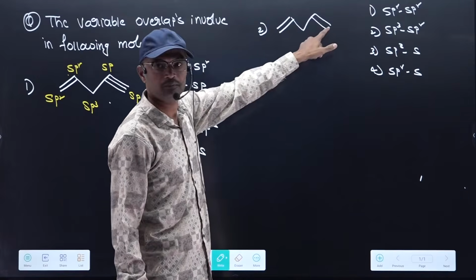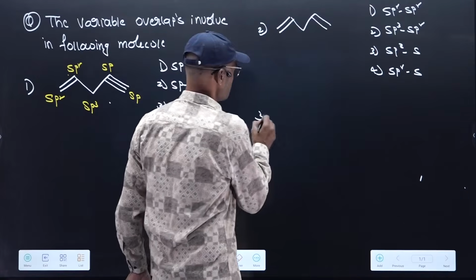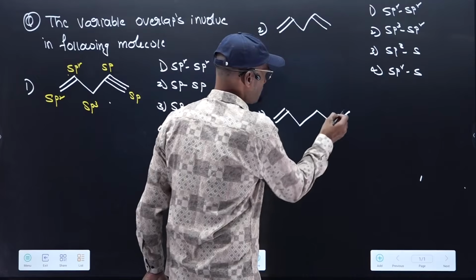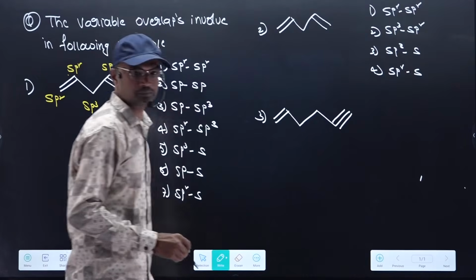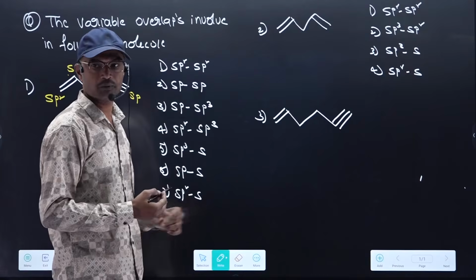sp3-sp2. Okay, next. See, I am writing a double bond and here a triple bond with proper separation. How many different overlaps are expected? Work out this.